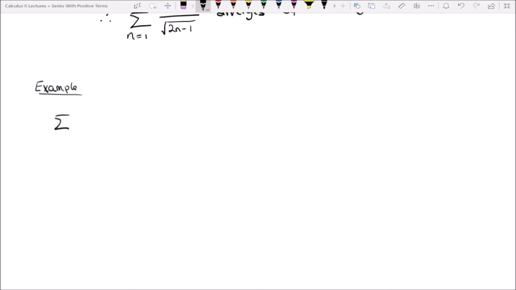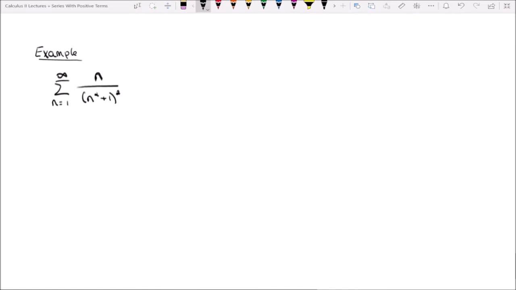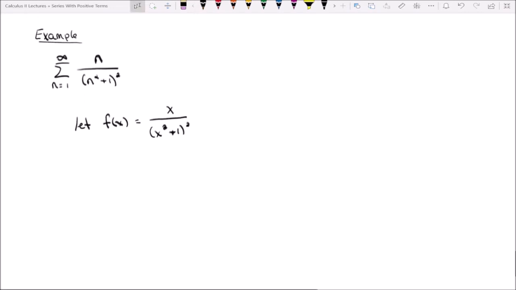Let's now examine the series n equals 1 to infinity of n over n squared plus 1 squared. So we let f of x equal x over x squared plus 1 squared. To determine whether it's decreasing, take a look at f prime. Right, so this is quotient rule.